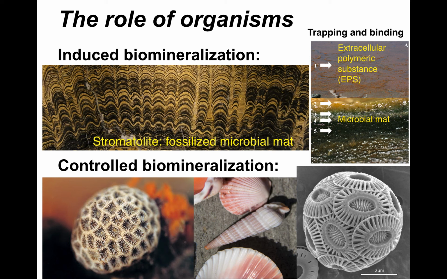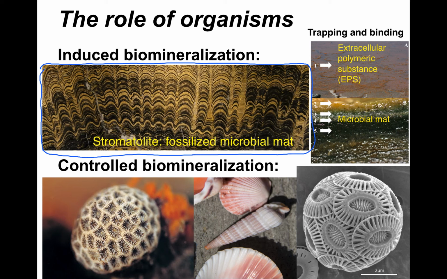Induced biomineralization involves precipitation of carbonate by microbes which produce locally favorable environments for carbonate precipitation around their cells. And as a result, these microbes get encrusted with carbonate, and this can create intricate structures such as those in this stromatolite right here. This is a fossilized microbial mat that has undergone induced biomineralization as a result of the activity of microbes.